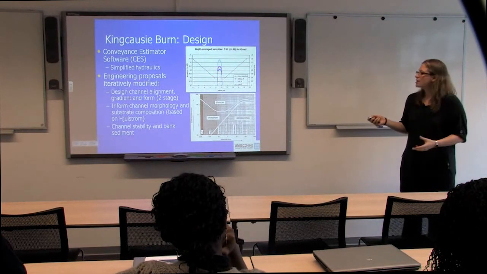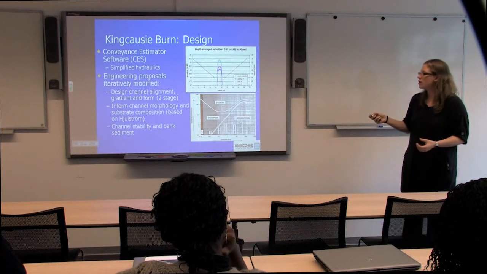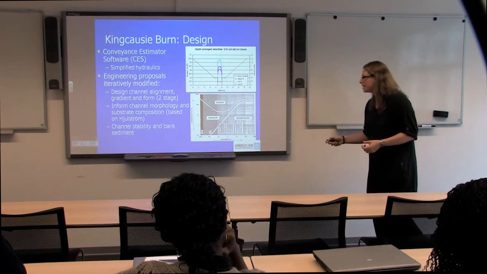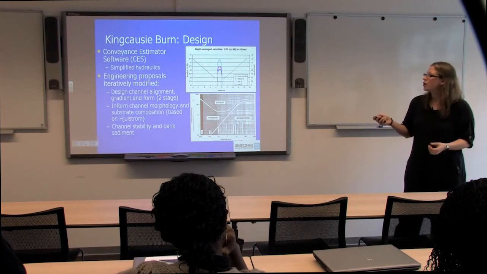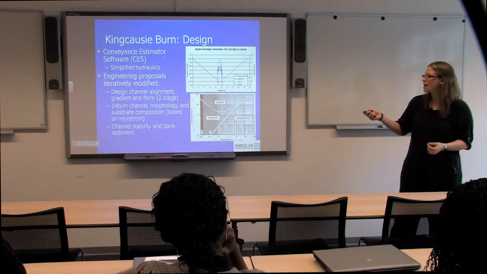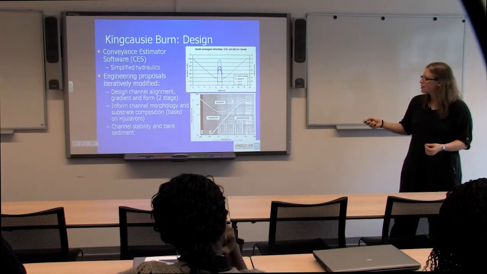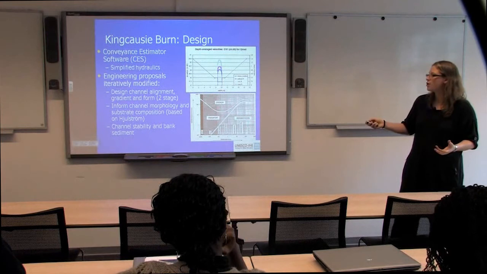So we simplified the hydraulics, and we predicted water levels and velocities, which we then linked using the Hulstrom curve. So we've used simple hydraulics to link to the Hulstrom curve, which indicates when we have sedimentation, when we have transport, and when we have erosion.